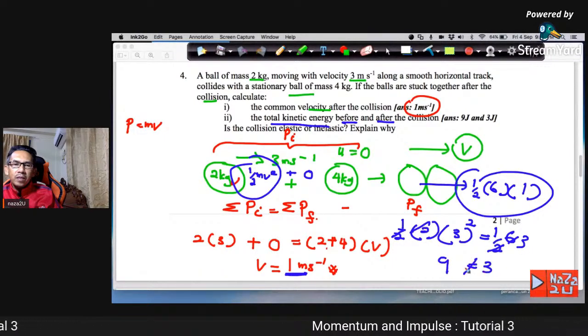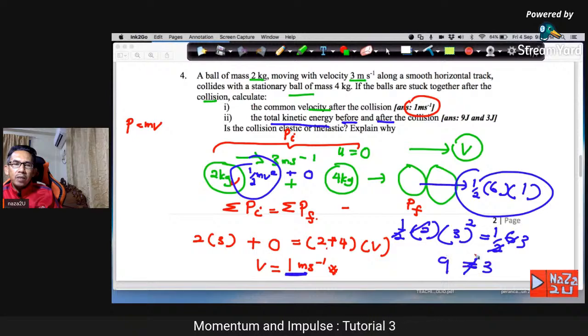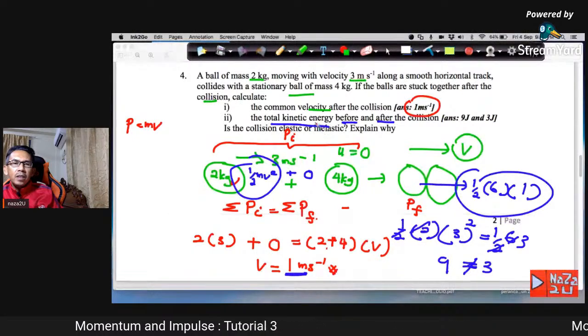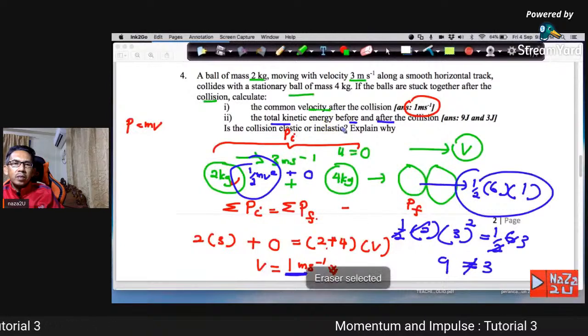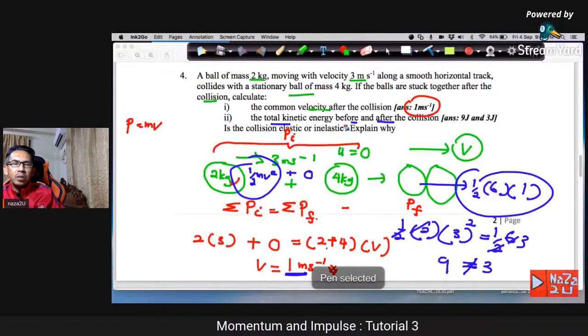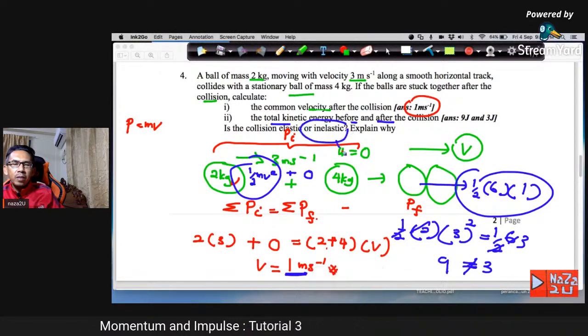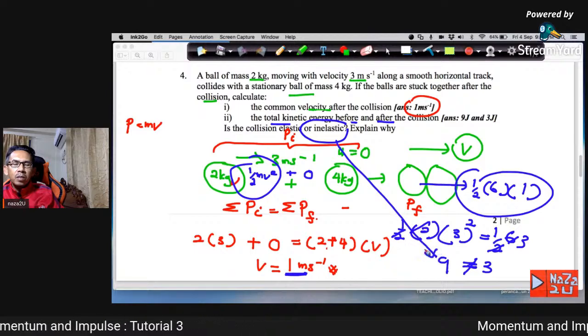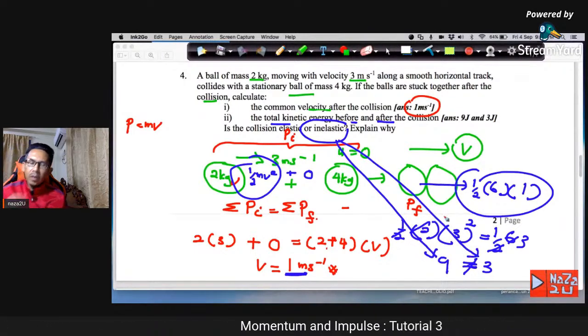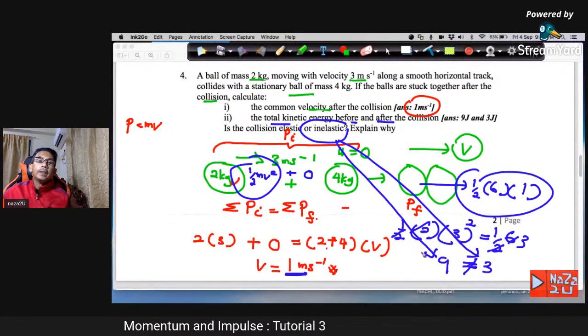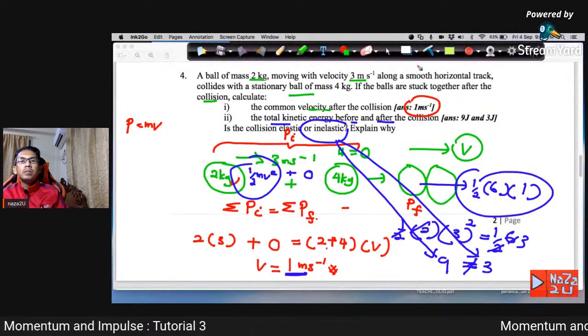So 9 and 3, this is not equal before and after. So meaning this is an inelastic collision. Why inelastic? Because the total kinetic energy before is not equal to the total kinetic energy after. This is question number 4.